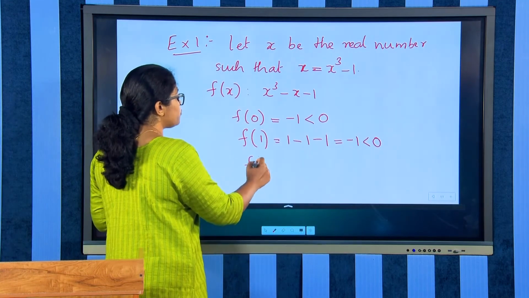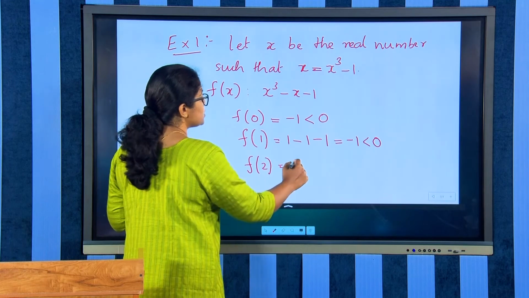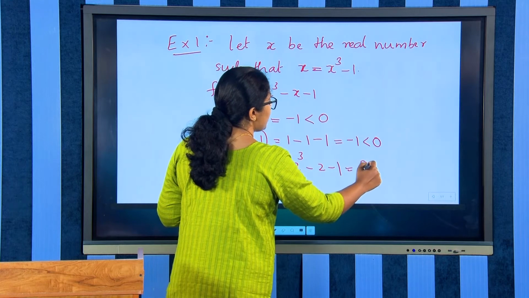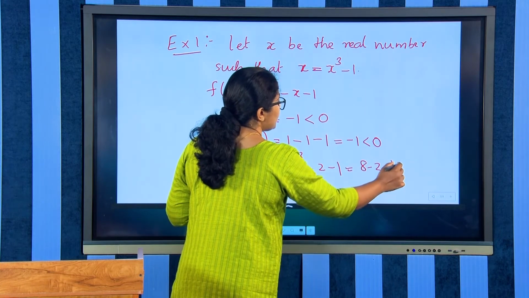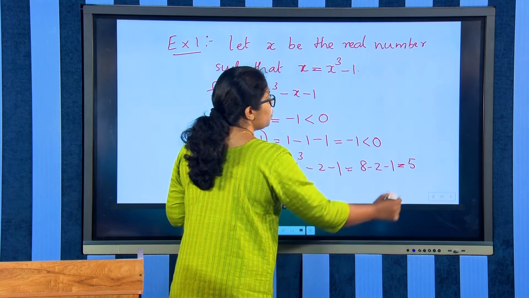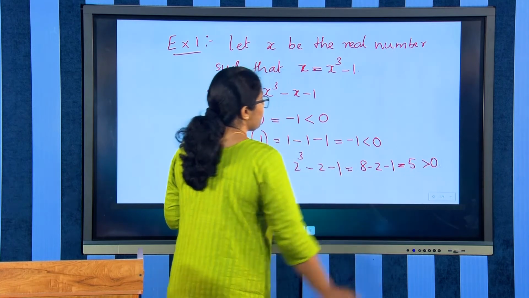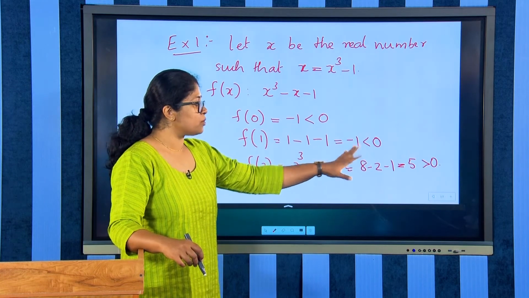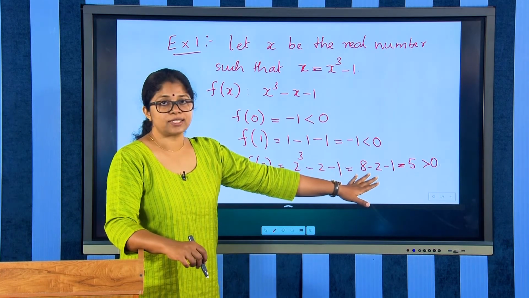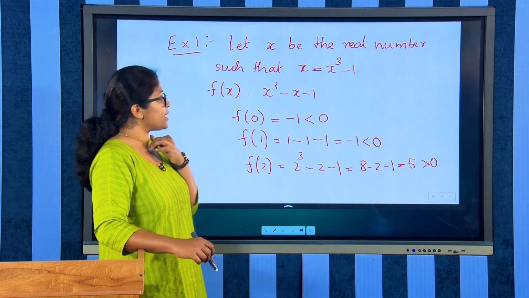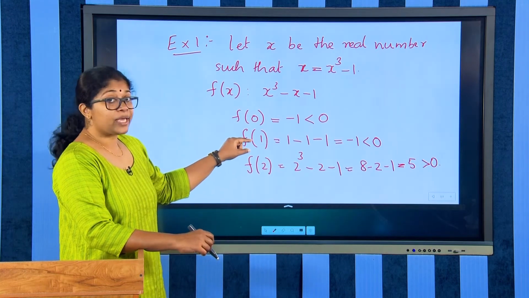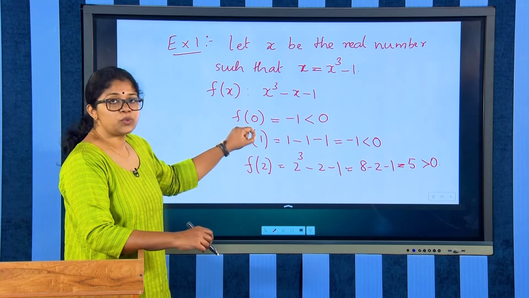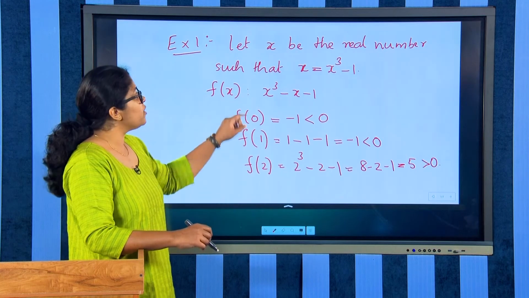And f of 2 is 2 cube minus 2 minus 1, which is 8 minus 2 minus 1, equal to 5, which is greater than 0. Therefore f of 1 is less than 0 and f of 2 is greater than 0, which indicates that by the location of roots theorem there exists a real number between 1 and 2 which satisfies this equation.